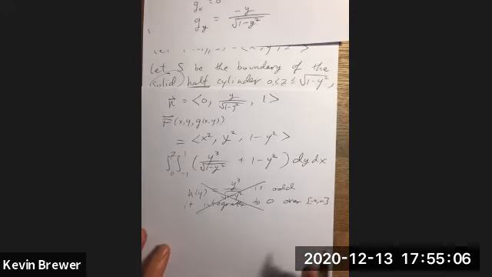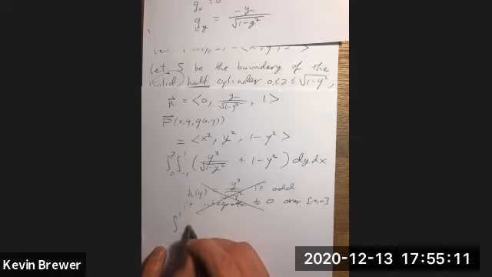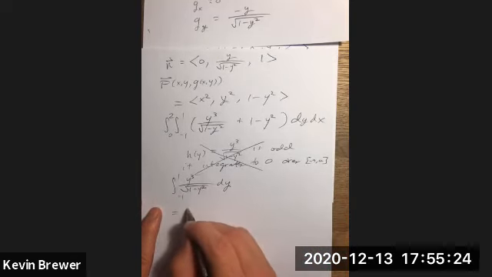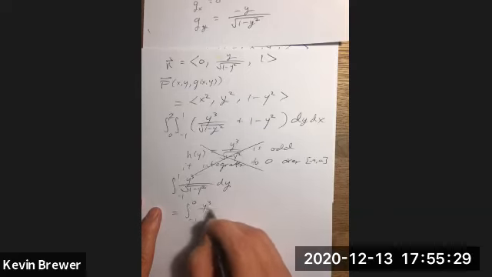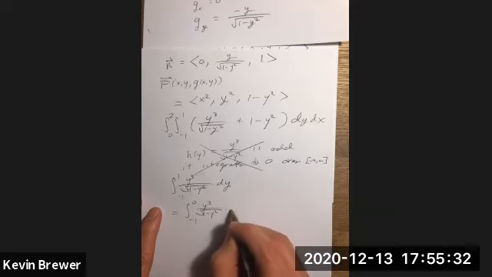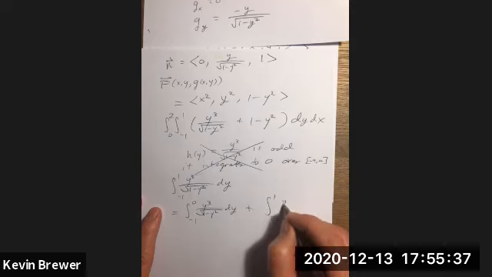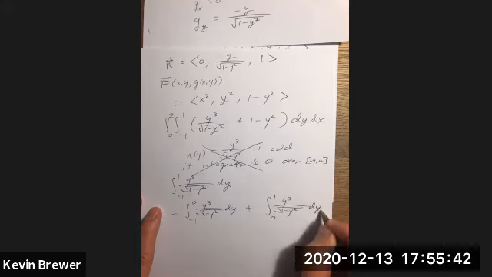You actually have to, in order to evaluate this integral from -1 to 1 of y cubed over the square root of 1 minus y squared dy, to do this outright, you have to rewrite this as the integral from -1 to 0 of y cubed over the square root of 1 minus y squared dy, plus the integral from 0 to 1 of y cubed over the square root of 1 minus y squared dy.